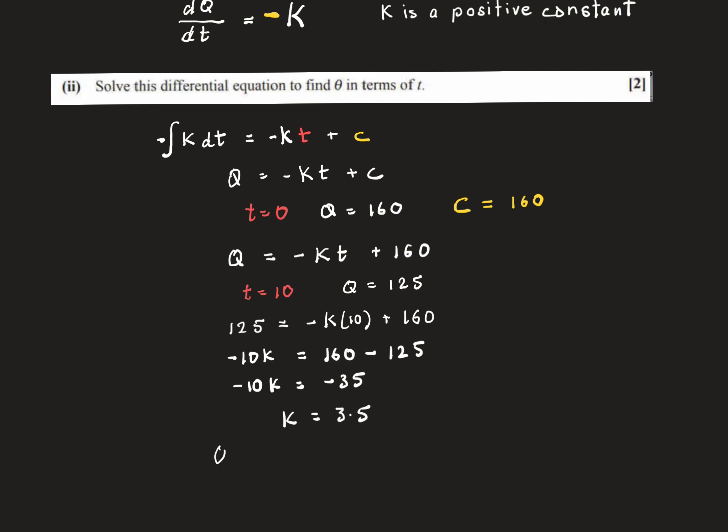And when we substitute all this into our equation, we will get theta equals minus 3.5 t plus 160. So just to remind you, solving requires you that you find the k and the c.